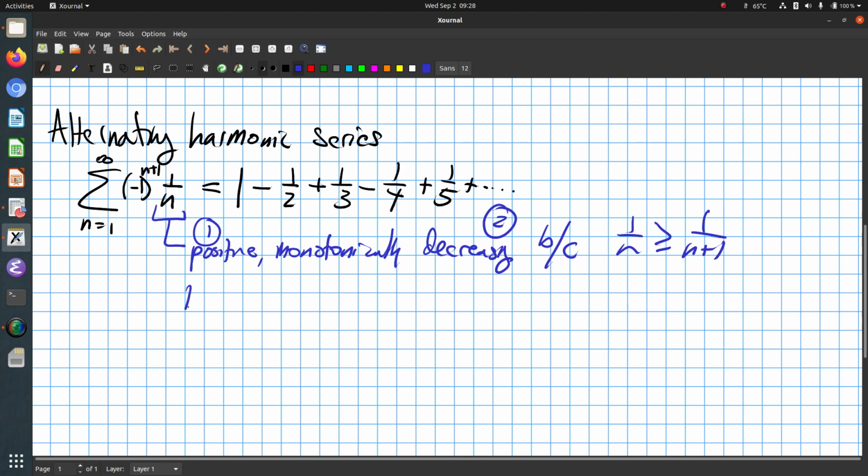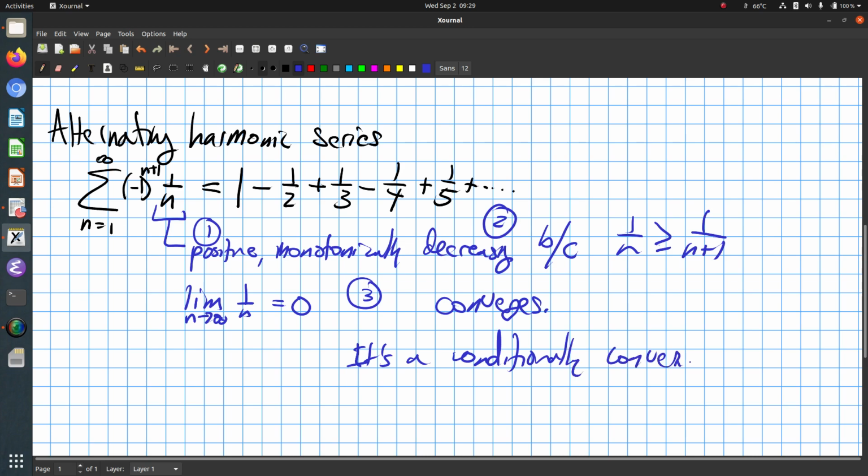And furthermore, the limit as n goes to infinity of 1 over n is 0. That's condition 3. So this converges, and it's a conditionally convergent series.